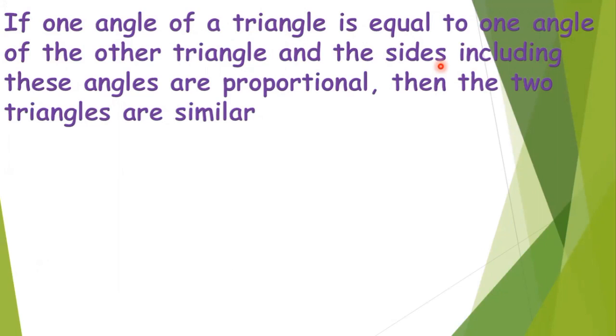This is referred as SAS similarity criterion.